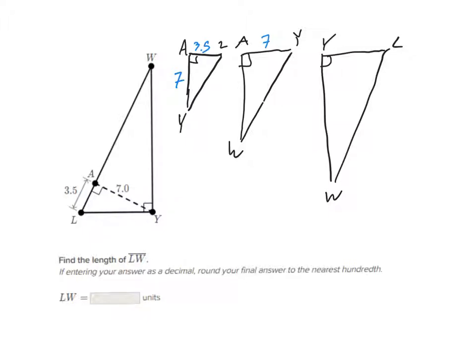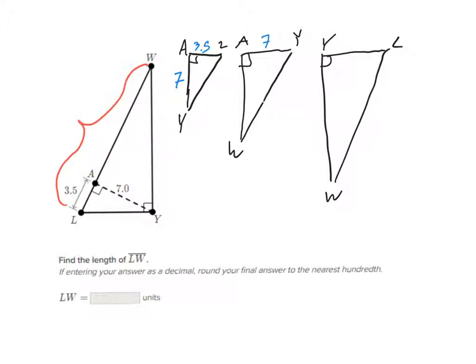Now the next thing I'm going to do is look and see what it is that they're actually asking for. They want the length of LW. Well, okay, let's just be clear. LW is this total length, right? That's what I want. And I already have this part right here, this 3.5 part. So I just need this remaining part.